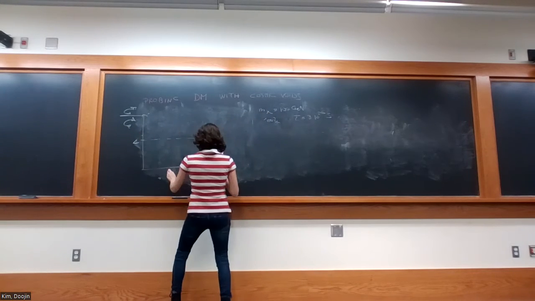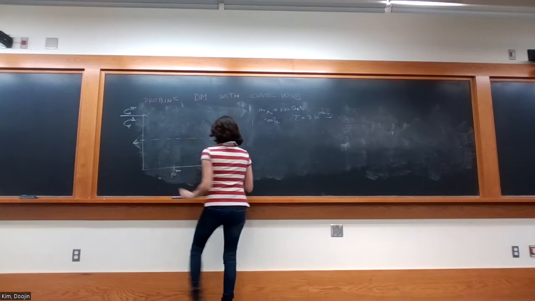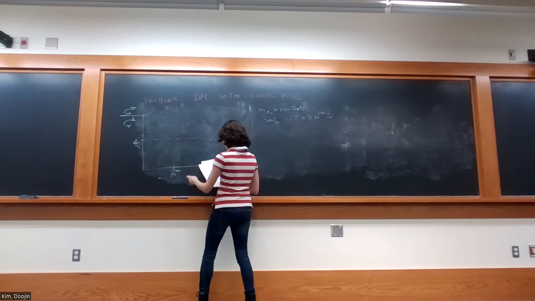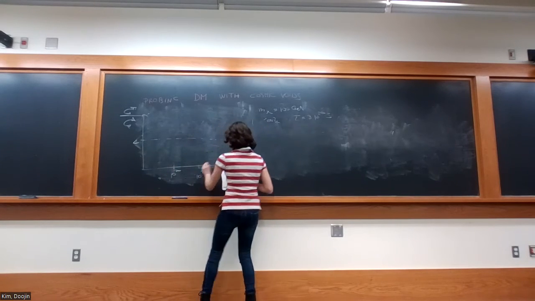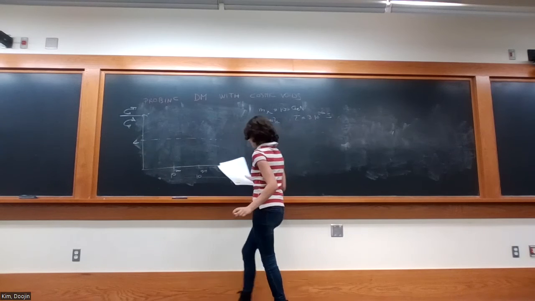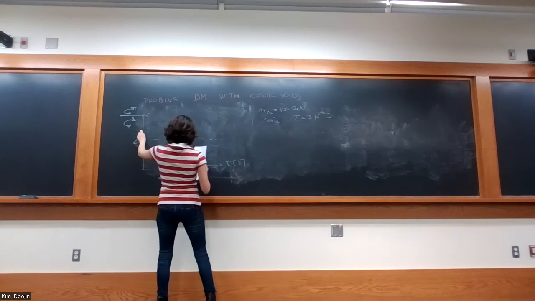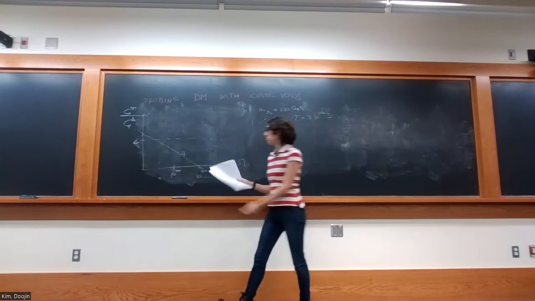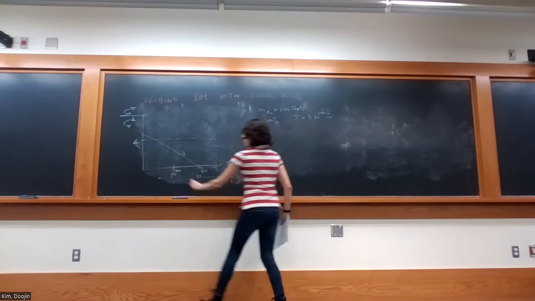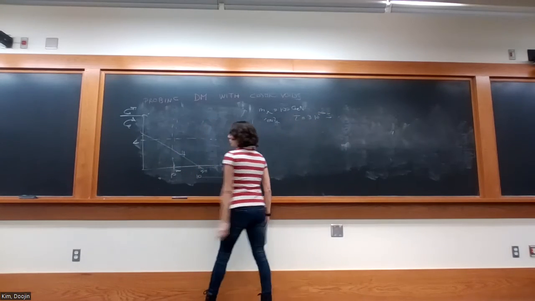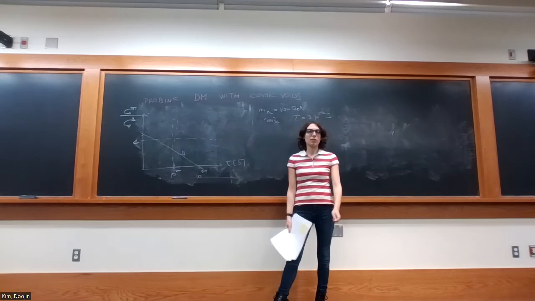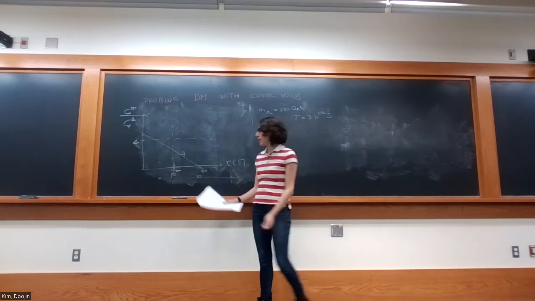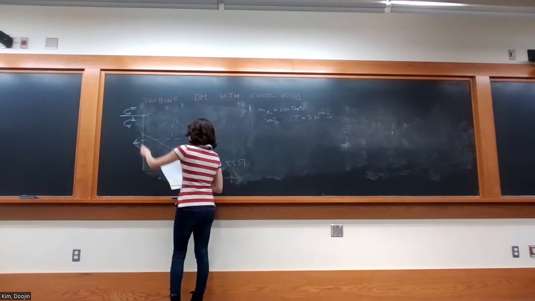If I consider typical values, here we have 10 to the 27, which is the current bound, and here let's say it's 10 to the 13, this is the second. If I consider the signal from halos, it will be something like that. Basically almost this is the current bound, and it is always astrophysically dominated. So even if there is a dark matter signal, it's very hard to see.